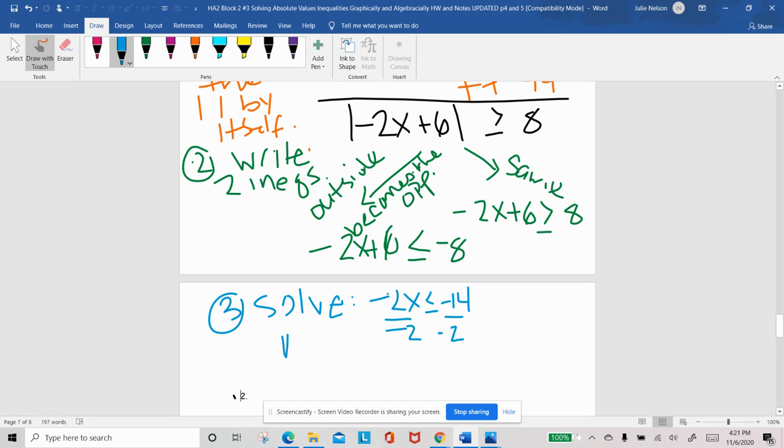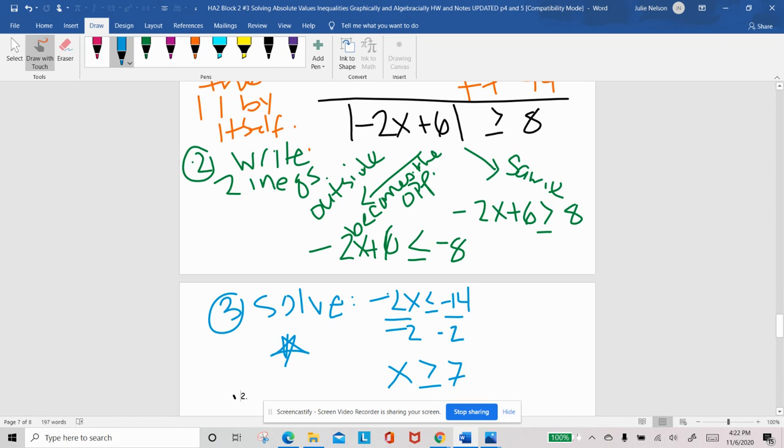Be very careful, so I'm going to put a star next to this. Anytime you multiply or divide by a negative, you have to flip the inequality, because dividing or multiplying by a negative means to do the opposite. So instead of less than or equal, it's greater than or equal. And negative 14 divided by negative 2 is 7.